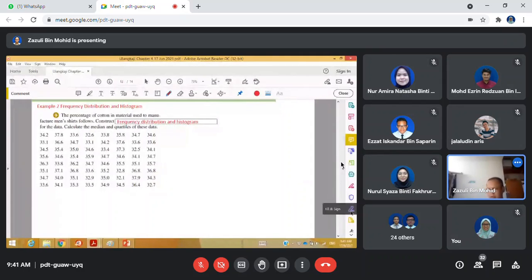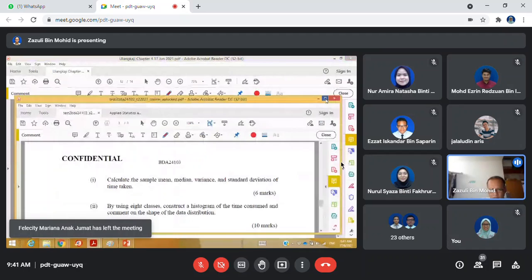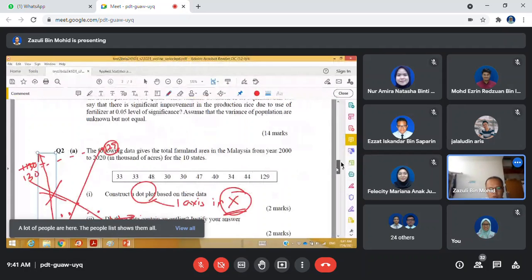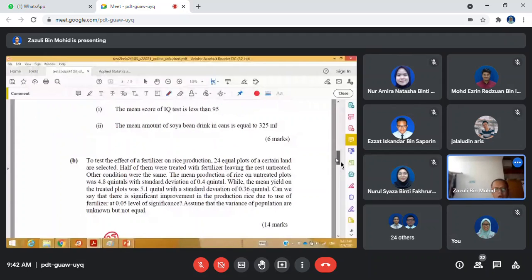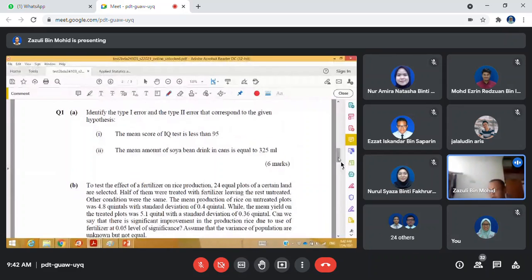So I think from the last 2 days, I already explained how to answer question 2 and also question 1b. So question 1a is just about the theory. You can read the books. I think you can answer it.